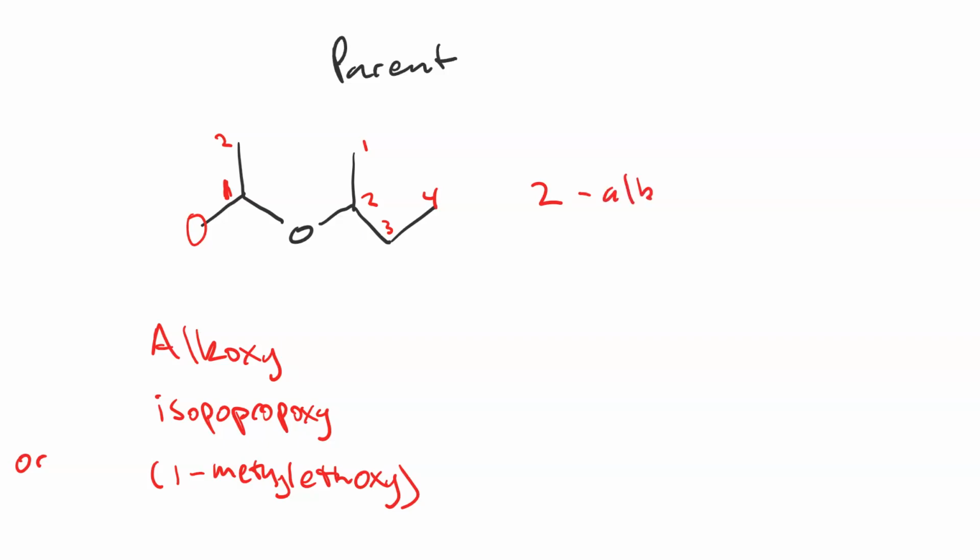So we have our 2-alkoxybutane. If we choose to use the common name for our alkoxy substituent, it is 2-isopropoxybutane.